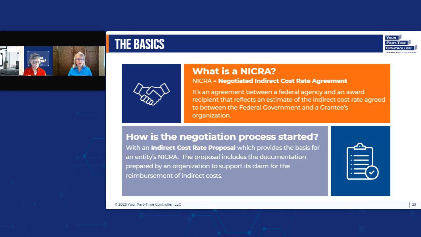This application and negotiation process assures federal funders that your organization has the capacity to manage its financial resources effectively and to attribute costs fairly and consistently. Note that these rules and processes apply to federal grants and cooperative agreements. For federal contracts, refer to the FAR, Federal Acquisition Regulations.